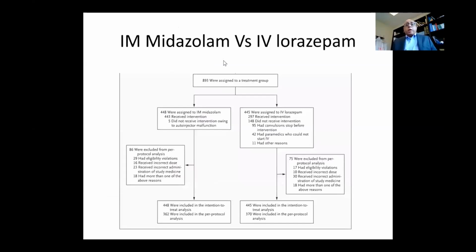Robert Silbergleit and colleagues designed a clinical trial to test whether intramuscular midazolam would be at least as effective as intravenous lorazepam for the treatment of generalized convulsive status epilepticus. They conducted a randomized controlled trial where approximately 900 patients were randomized to either getting intramuscular midazolam or intravenous lorazepam.